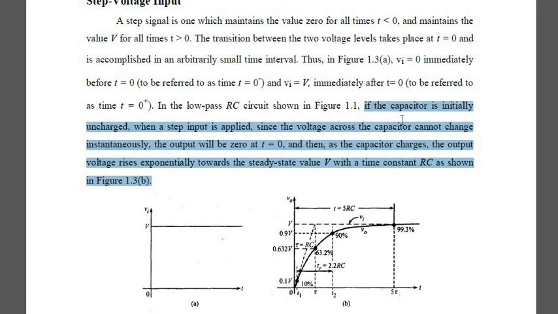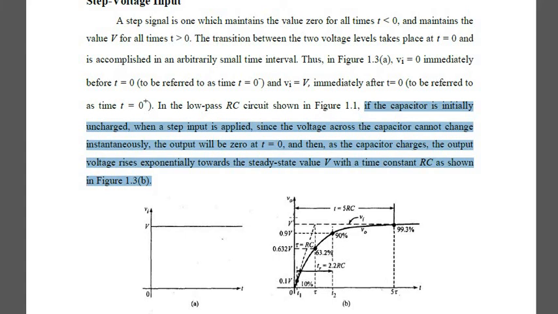And then as the capacitor charges slowly, when the capacitor starts charging, the voltage will be rising exponentially. When t equals 0, the voltage is 0 only, and after some time it has started slowly charging, and the output will be rising towards a steady state voltage.